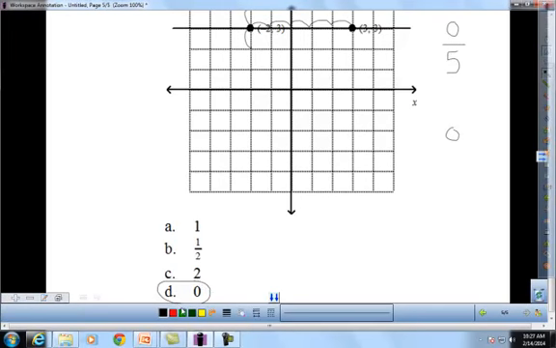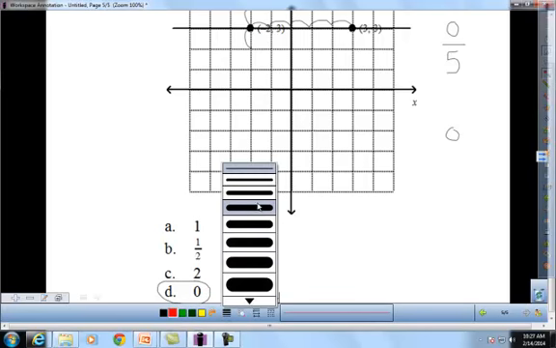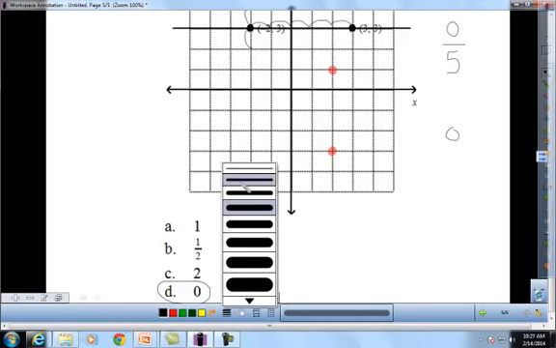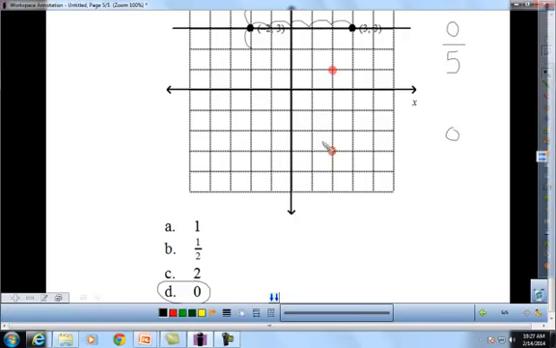And then there's one final one that I actually do not have on here, but I can make the point here. Make that a little bit bigger. What if I had a dot there and I had a dot right there? Okay. This is one of those vertical line ones. Make that a little smaller. Our rise is going to be 1, 2, 3, 4. So we rise 4. But our run, you're not going left or right at all. So that's 4 over 0.